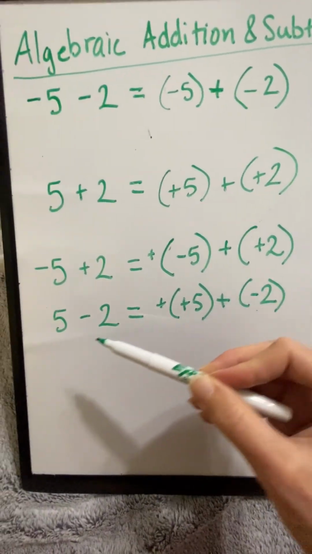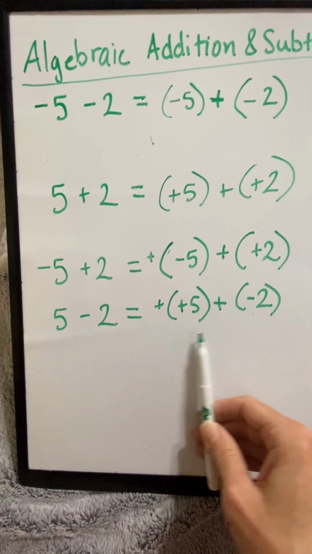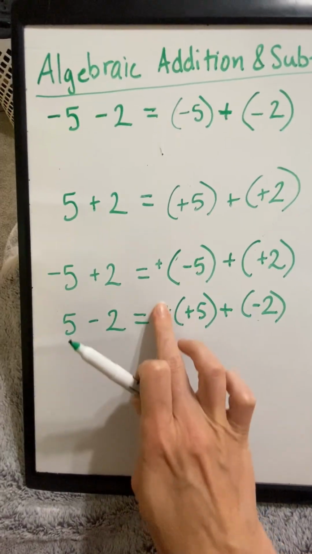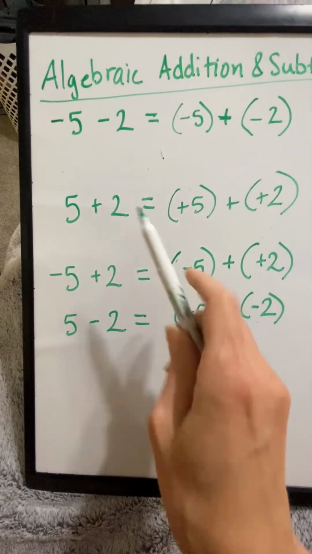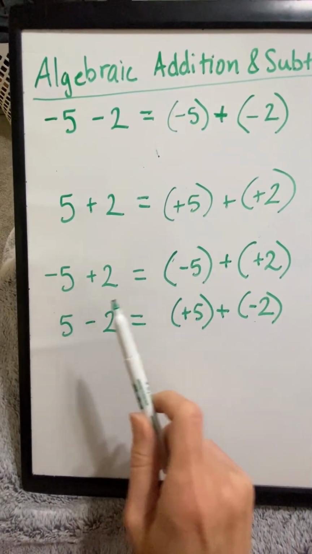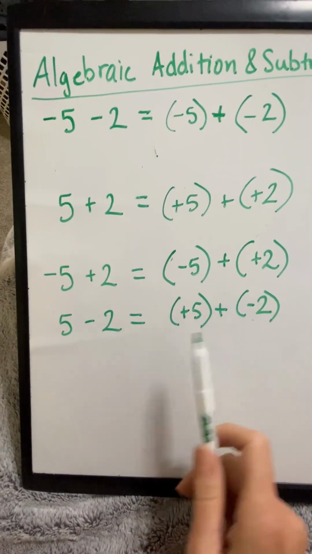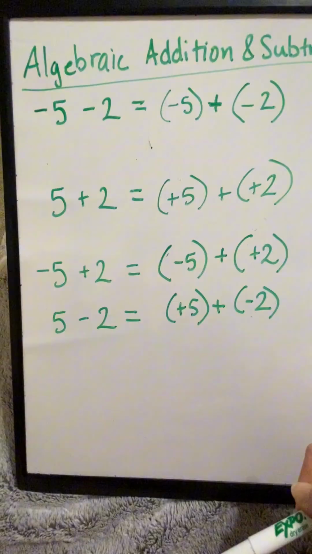So a lot of times you'll see it simplified like this, but this is what they want you to understand it to mean. So I'm going to get rid of these here so it's even less confusing, okay? So all of these equal the same thing. It's very important that you understand this concept of adding them all together, okay?